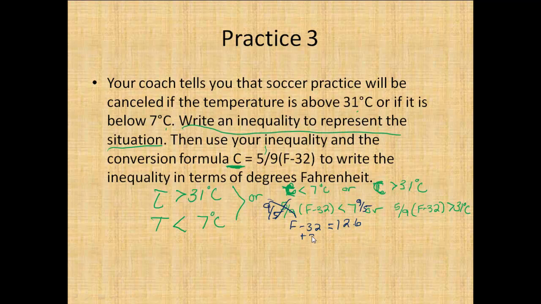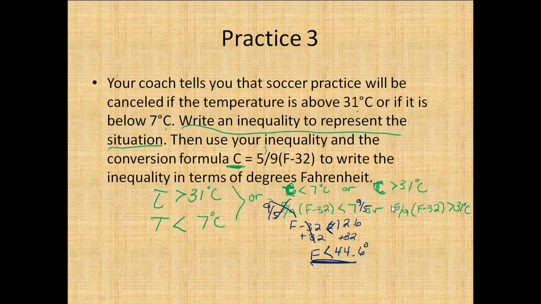Then I need to add 32 to both sides in order to get rid of that minus 32. Takes you up to 44.6. So my Fahrenheit, oops, that should be a less than symbol right there. So if my Fahrenheit is less than 44.6 degrees, practice will be canceled.